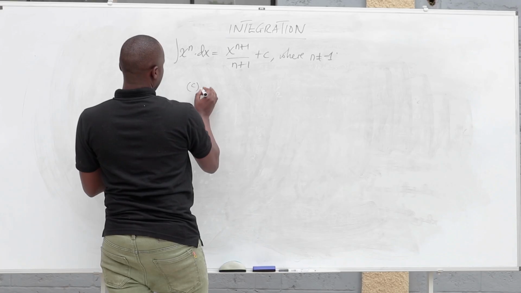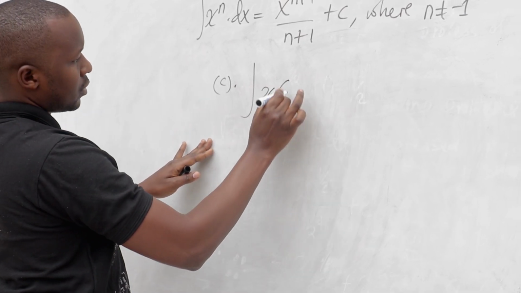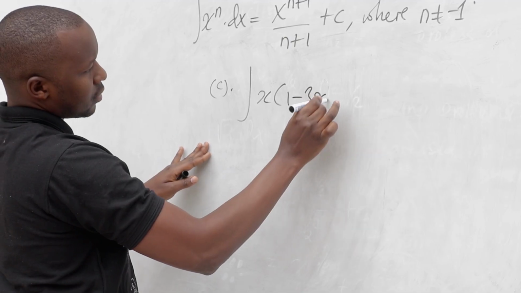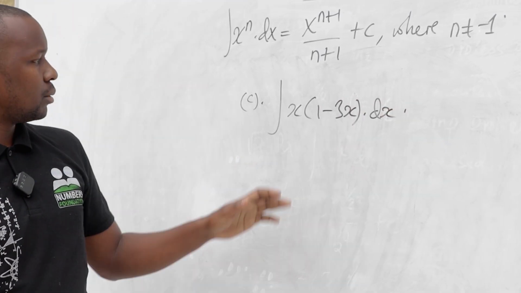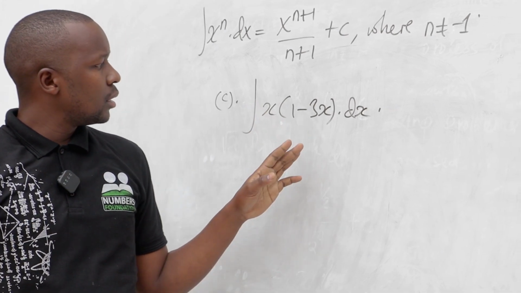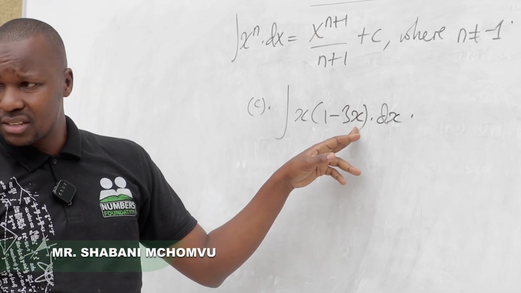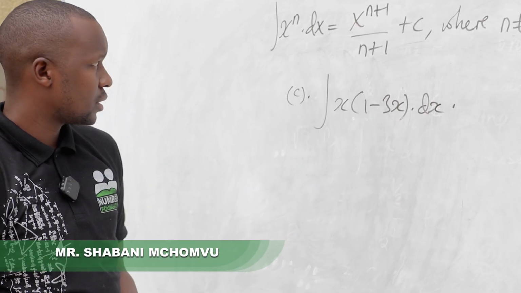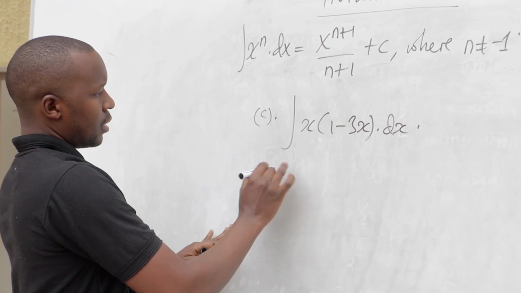Maybe we integrate x times 1 minus 3x with respect to x. So here you can see the power functions and the expression, but within the expression there are terms that are powers. How do we integrate with the concept of the power rule or technique of integration?